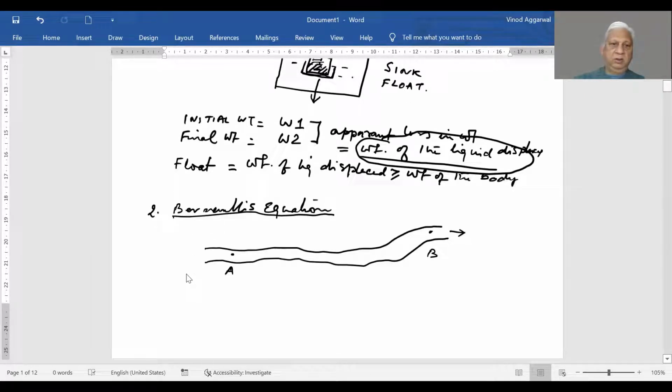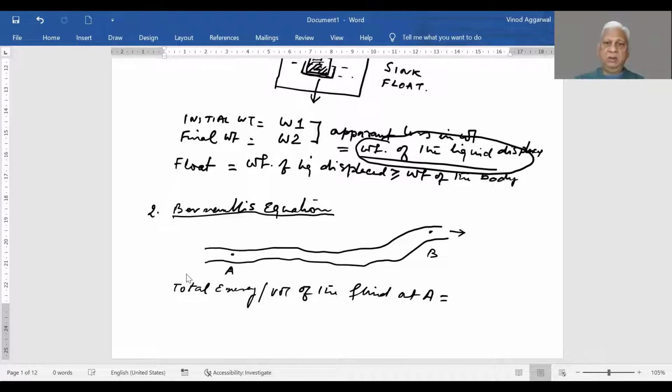Then the total energy per unit volume of the fluid at A is the same as the total energy per volume of the fluid at B.